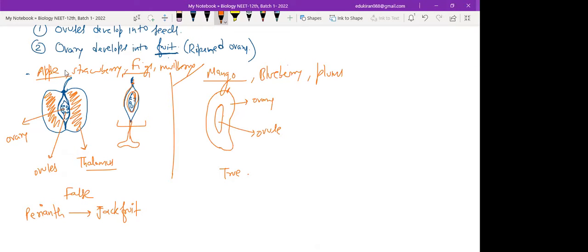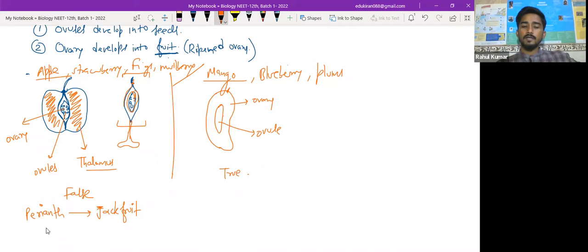From thalamus we have apple, from perianth we have jackfruit, and from peduncle, pedicel, and receptacle. All these parts which are present around or below or above the ovary can develop and start ripening. And if they are ripening, it's clear that it's not a true fruit, it's a false fruit.